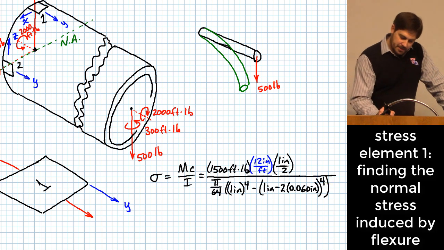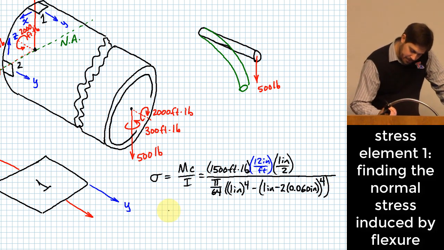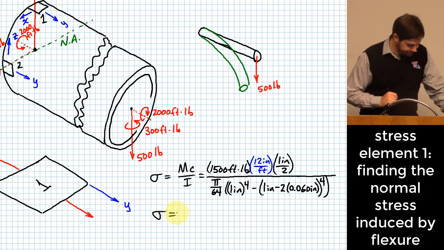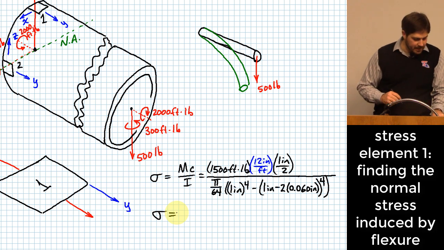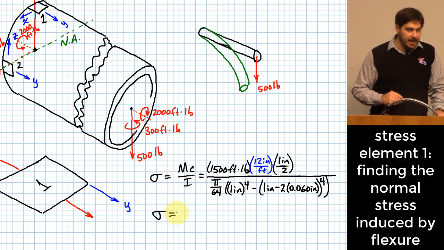And if you actually punch these values in, the stress ends up being 458 KSI.